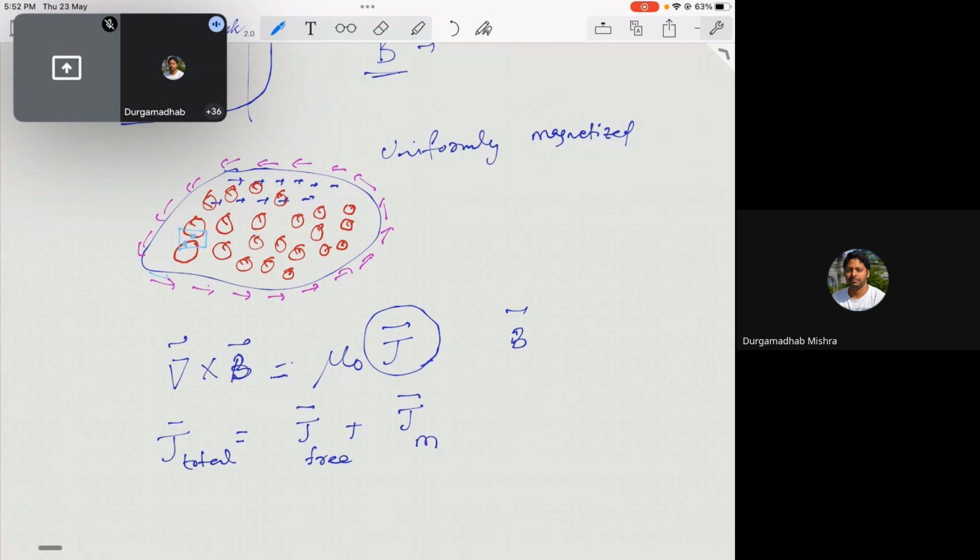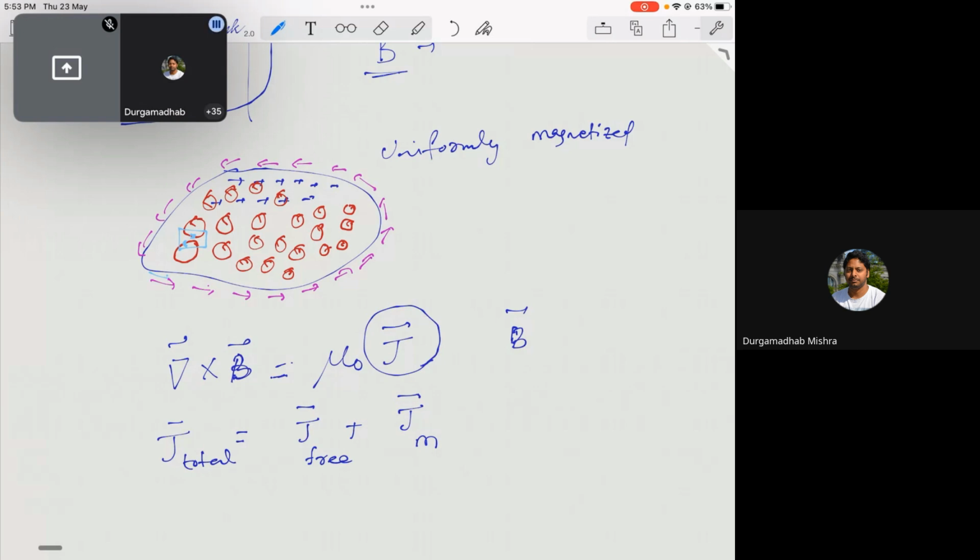Of course, if I have a current carrying wire, it can produce a magnetic field B. That is clear. But within a material, I can produce this field also due to the atomic or electron motion, because they have orbital and spin angular momentum and can produce a magnetic field.